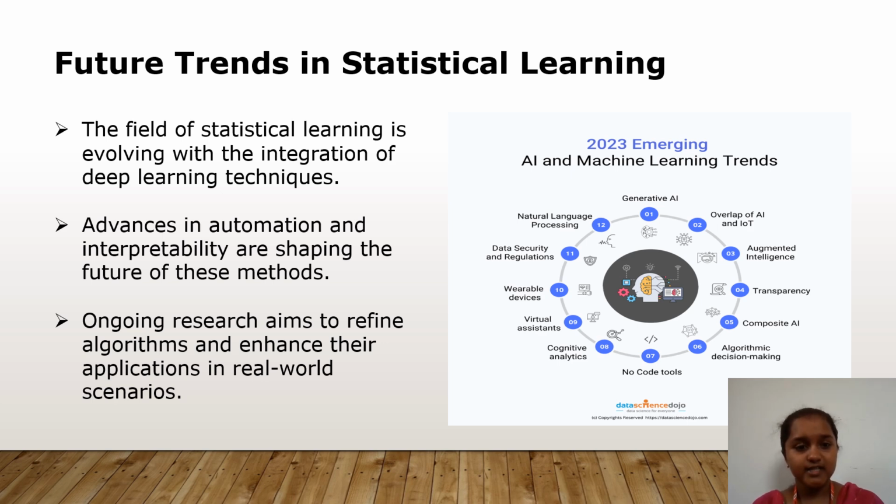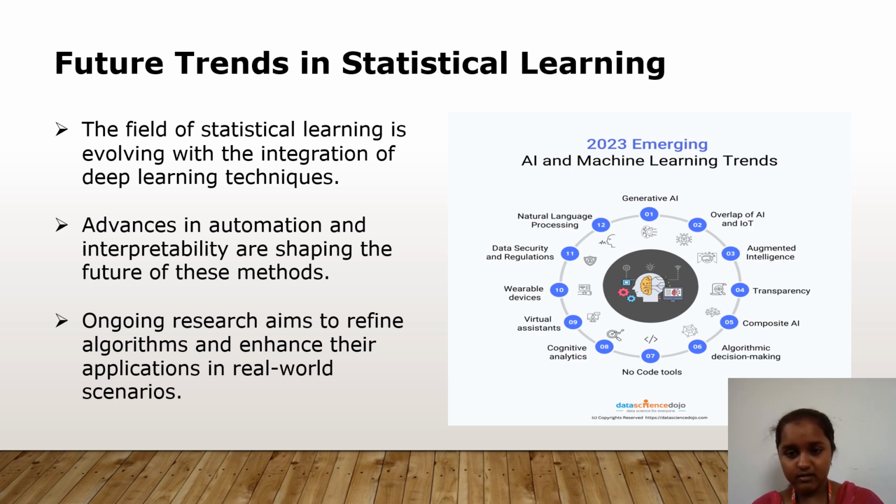Future trends in statistical learning. The field of statistical learning is evolving with integration of deep learning techniques. Advances in automation and interpretability are shaping the future for these methods. Ongoing research aims to refine the algorithms and enhance their applications in real world scenarios.